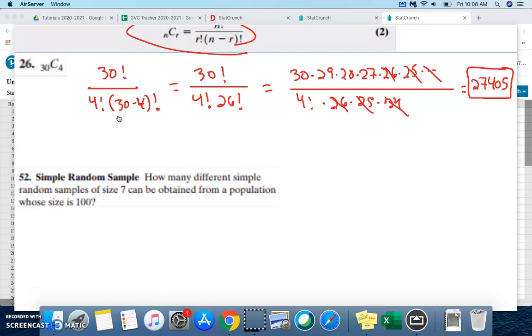Okay, but again, in your calculator, you're looking for an nCr button. You'll either do nCr 30, 4, or on a lot of the scientific calculators, you type 30 and then the nCr button and then 4, and it will spit out this number right here.